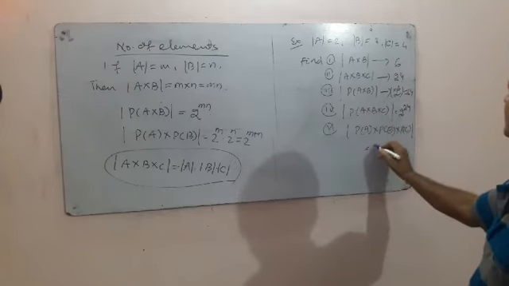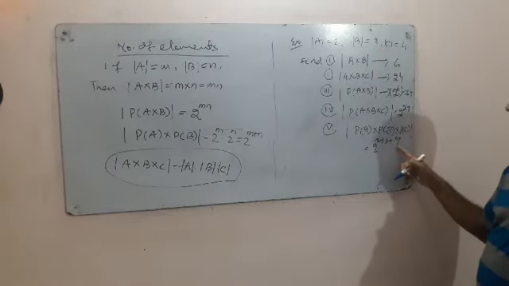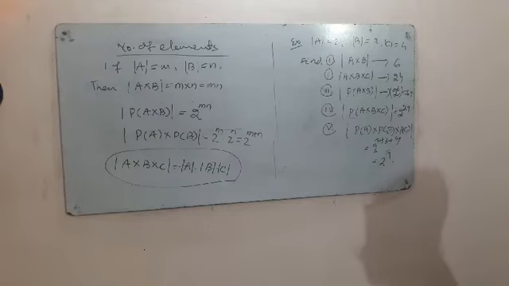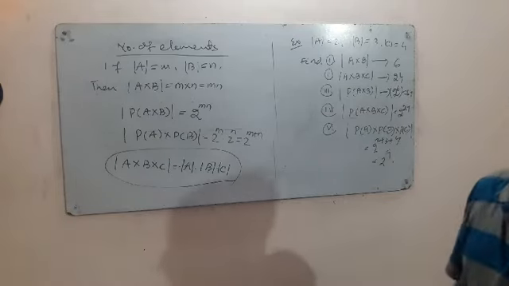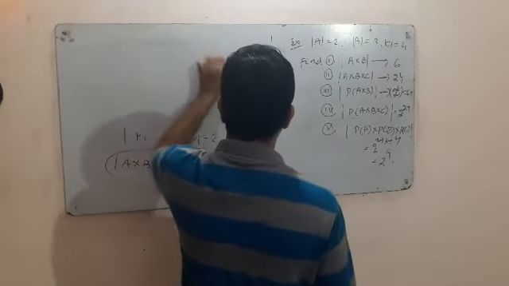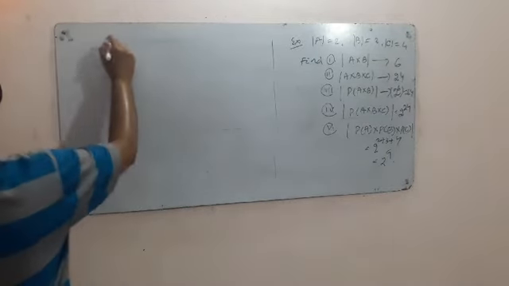And here, 2 to the power 2 plus 3 plus 4, that is 2 to the power m plus n plus r, is 2 to the power 9. This is the number of elements present in a product of sets.